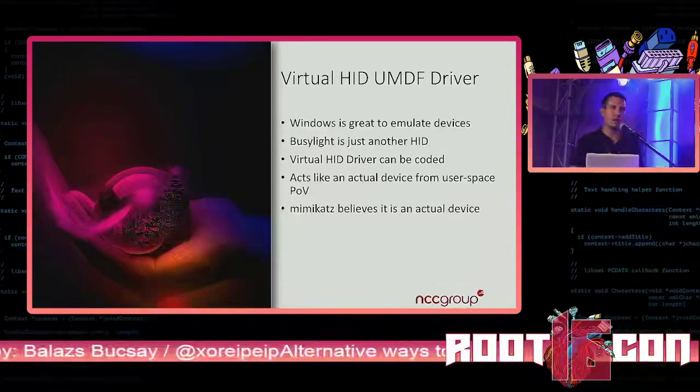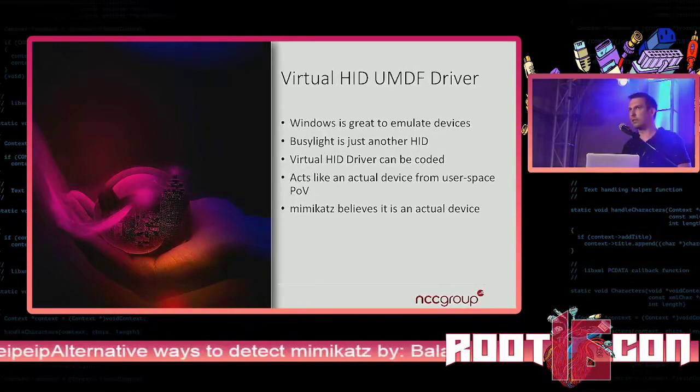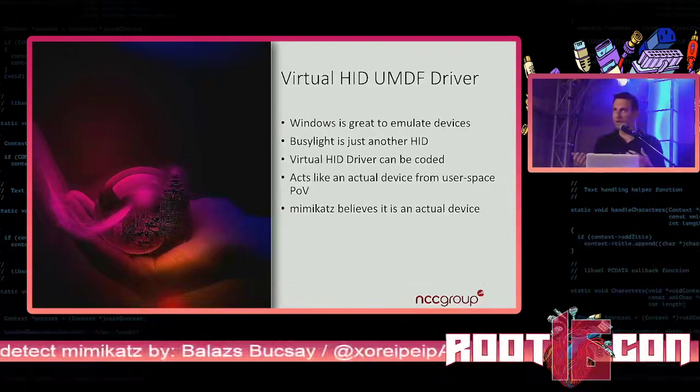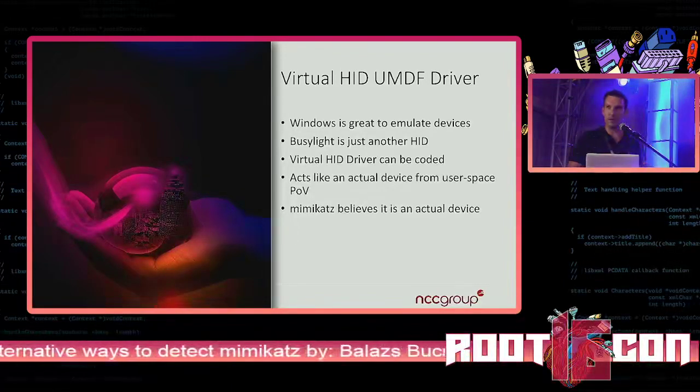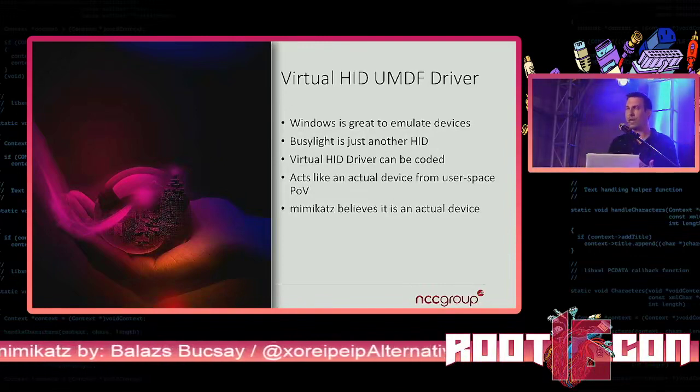So what I did, I looked into this, and it turns out Windows is great for many reasons, but one of the reasons is that you can create hundreds of different devices and driver types, and even with those you can create virtual or emulation drivers, so you can emulate different devices. And it's the same with HID devices, USB devices.